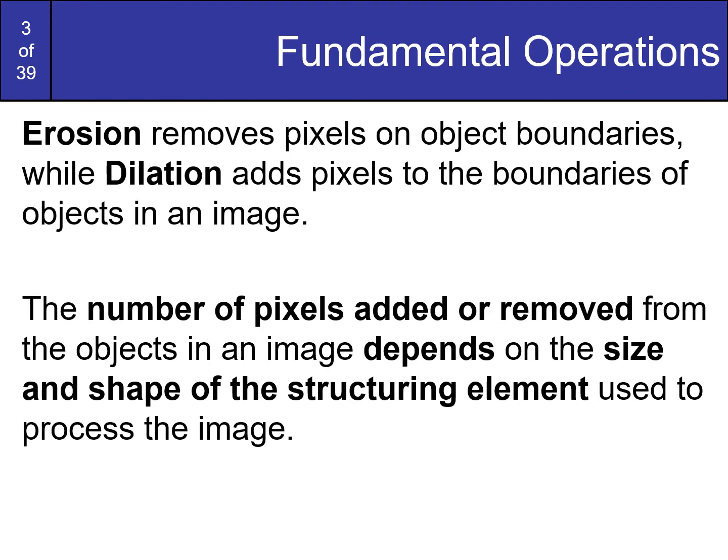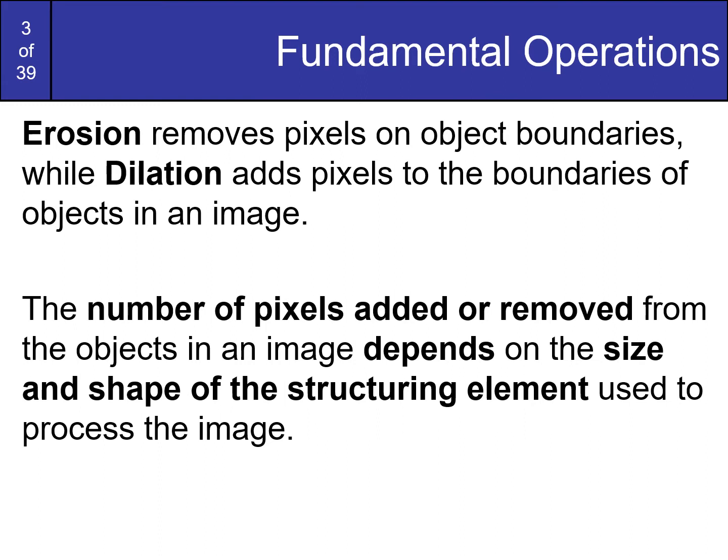So what is erosion? Erosion, in simple terminology, removes pixels on object boundaries, whereas dilation adds pixels to the boundaries of objects in an image. So they work in the opposite way.